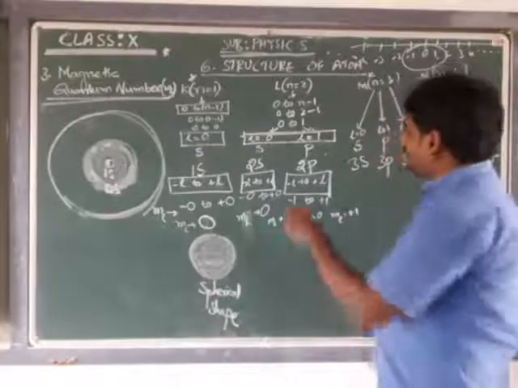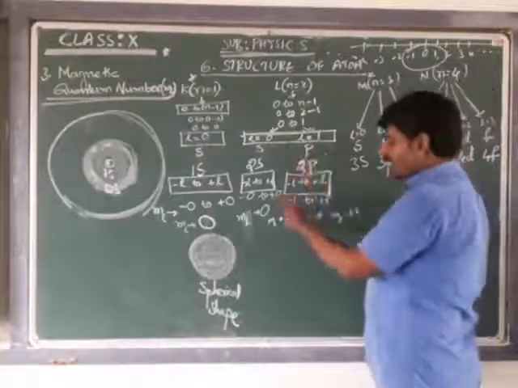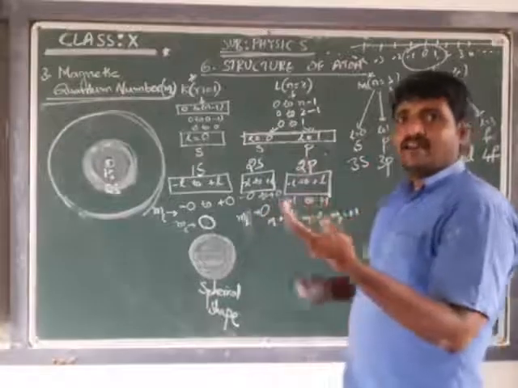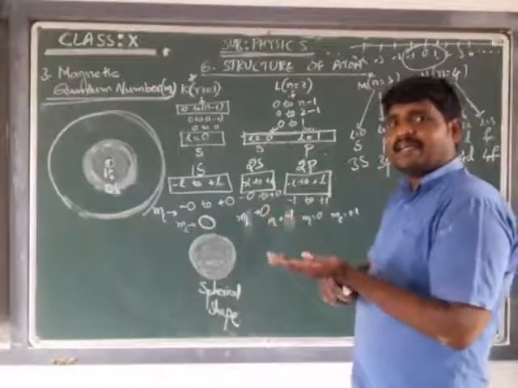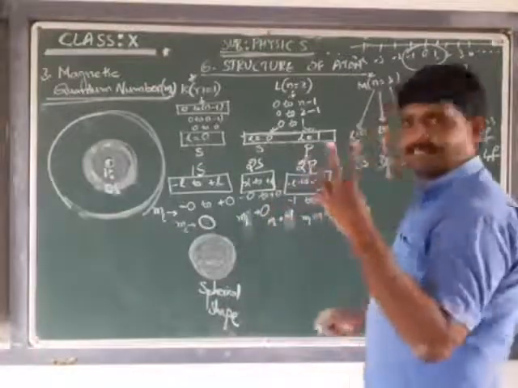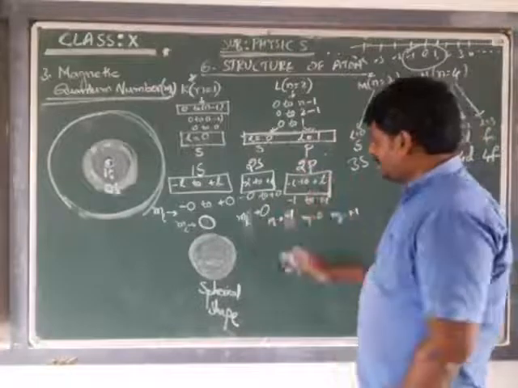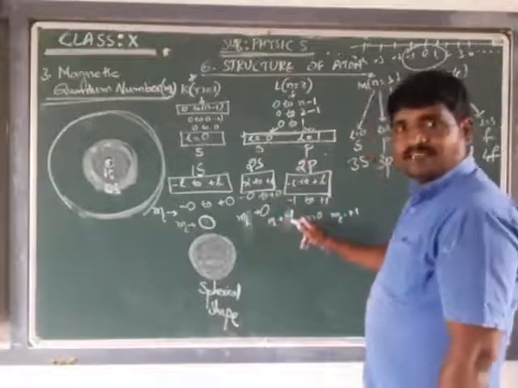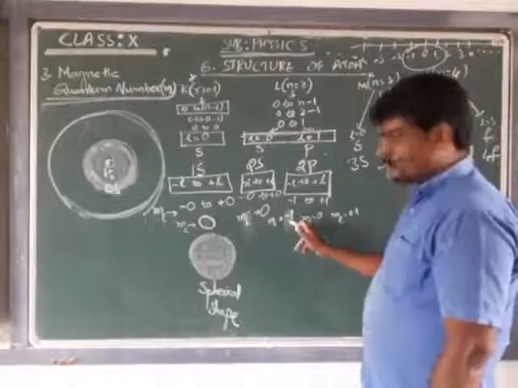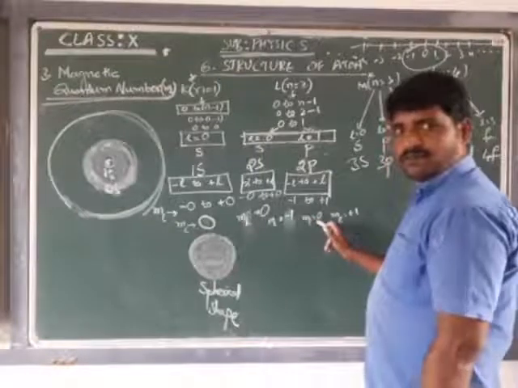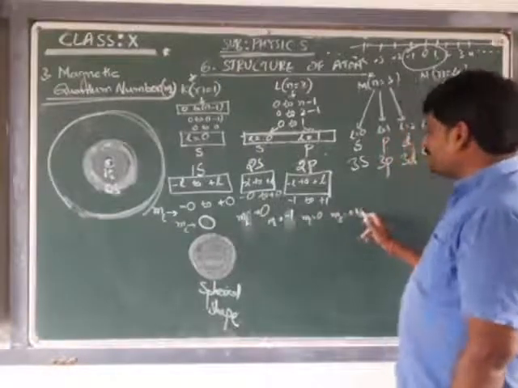That means this P subshell is going to be arranged or oriented in 3 ways. It consists of 3 orientations, referred to by Ml equal to minus 1, Ml equal to 0, and Ml equal to plus 1.